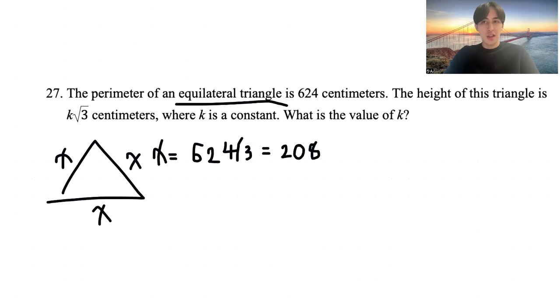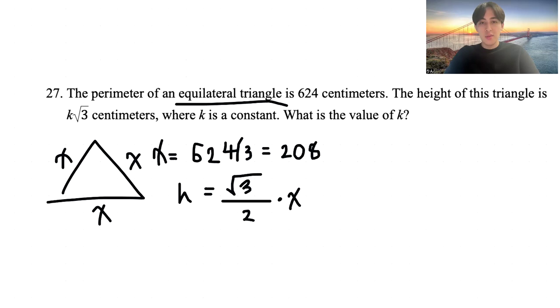Now that you found the length of one side, we can find the height of this triangle using a formula. The height of an equilateral triangle is the square root of 3 over 2 times x, x being the length of one side.